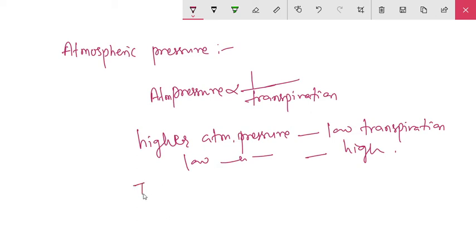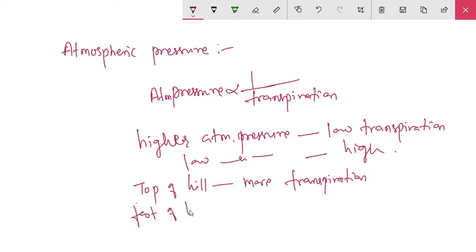So at the top of the hills the rate of transpiration is more, and at the foot of the hill, where the atmospheric pressure is more, there is less transpiration.